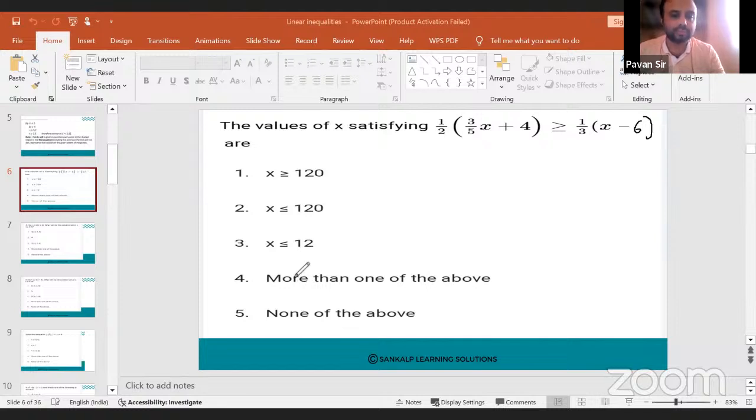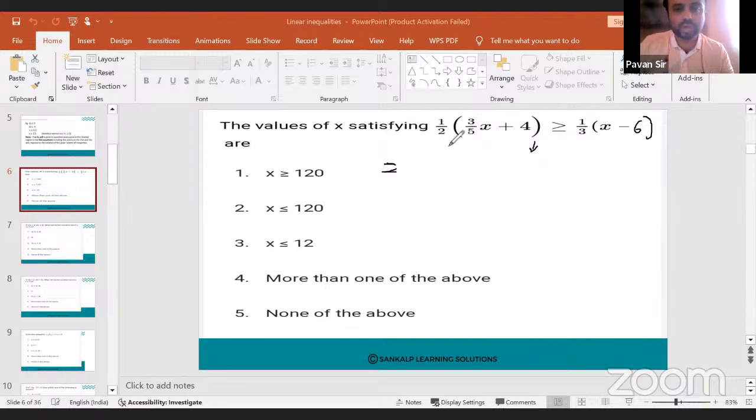Okay, so try to solve the equation. Use the given equation here.